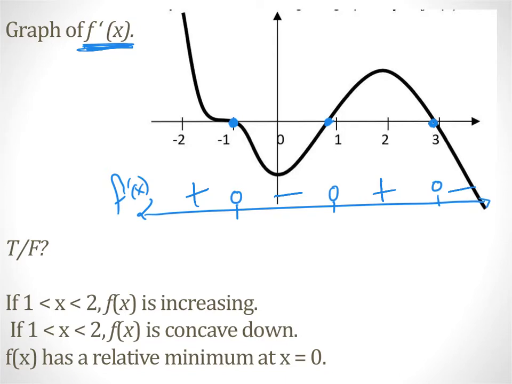We can look at concavity as well, or let's go ahead and name what we have. Here it goes from positive to negative. This is a relative max. From negative to positive, this is a relative min. And from positive to negative, this is a relative max.